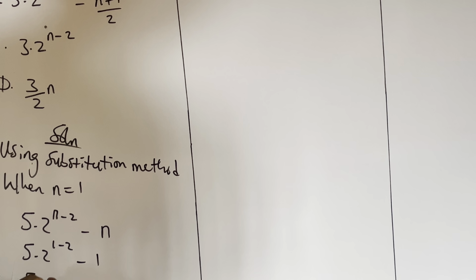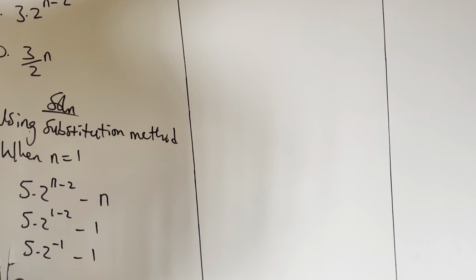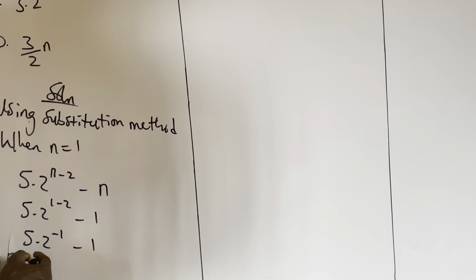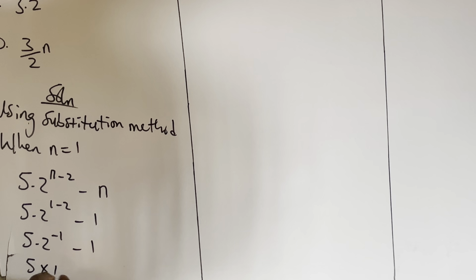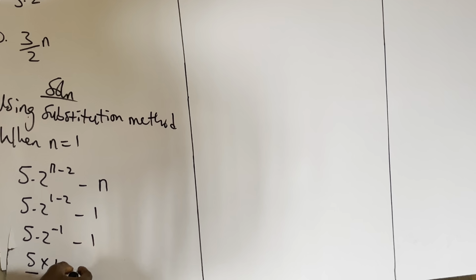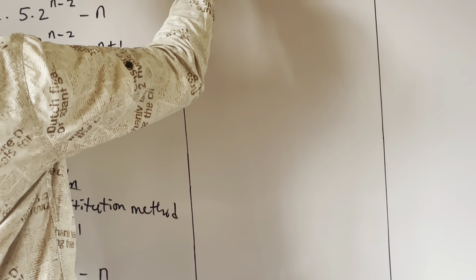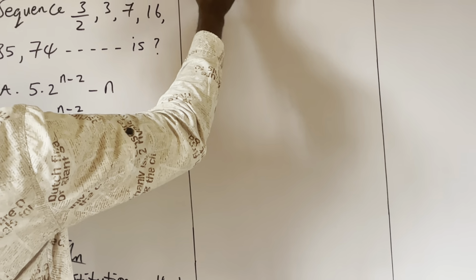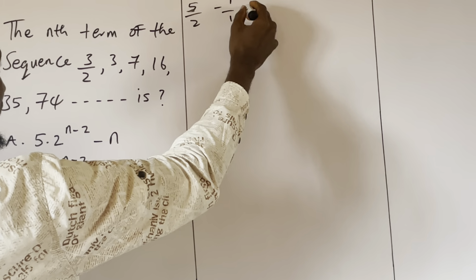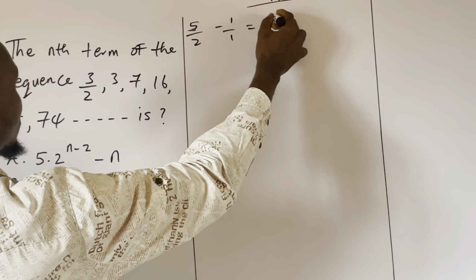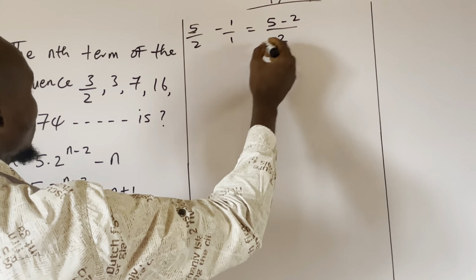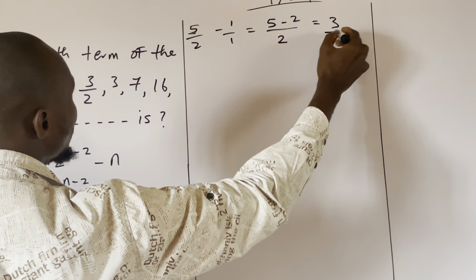So this is 5.2^(-1) - 1, so this is 5 times 1 over 2, then minus 1. So we're going to have 5/2 minus 1/1. LCM is 2. This is 5 minus 2, and this will give us 3/2.